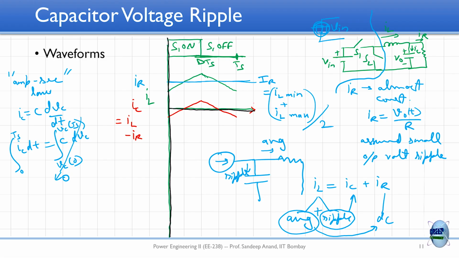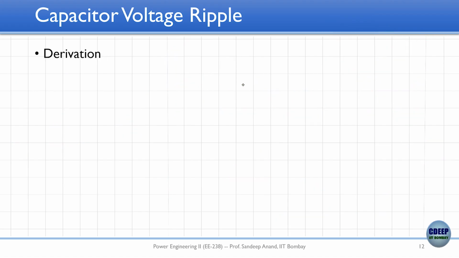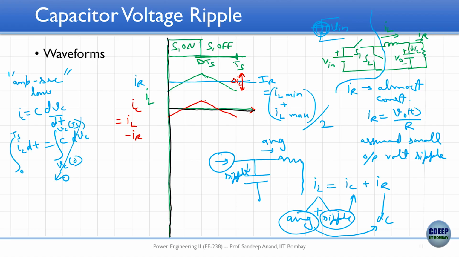Yeah, this full thing we defined as delta IL, right? And therefore, this peak value would be equal to delta IL by 2. Is that okay?